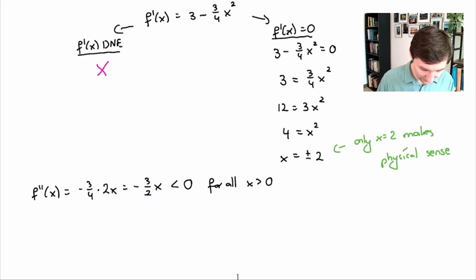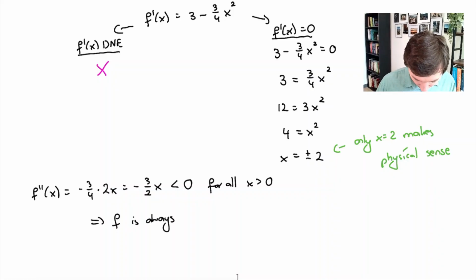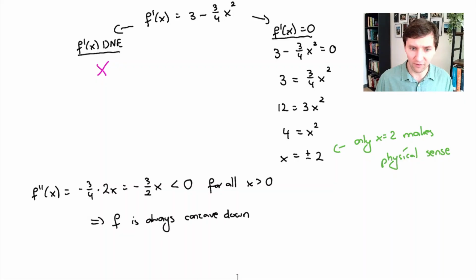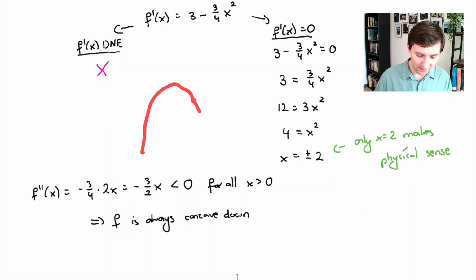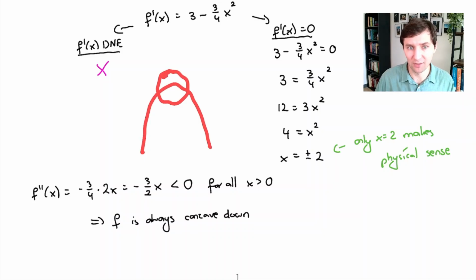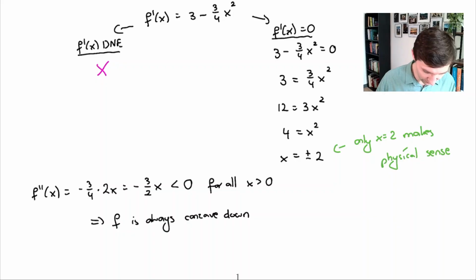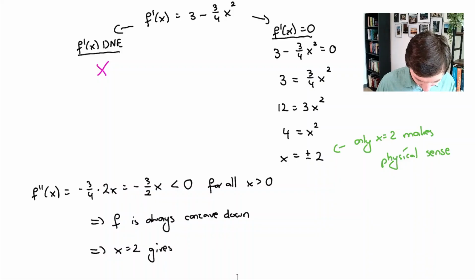This tells you that your original function f is always concave down. And because that function is always concave down, x equal to 2 must give you a global or absolute maximum, not only a local maximum. So I will say here that this means that x equal to 2 gives the absolute maximum.